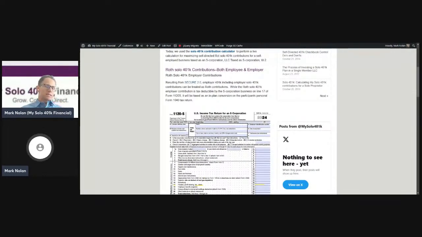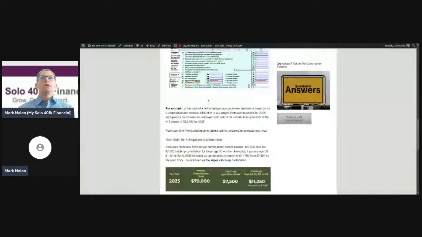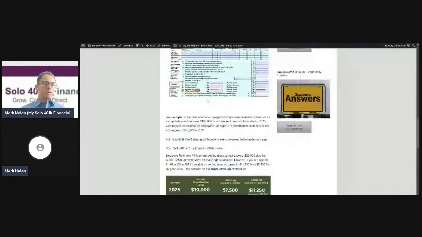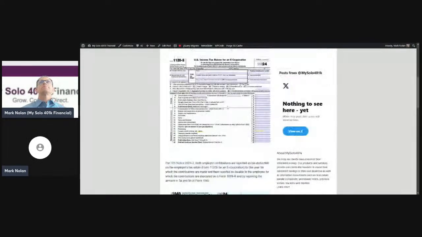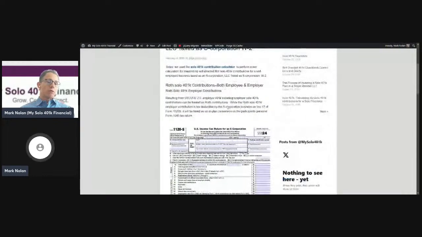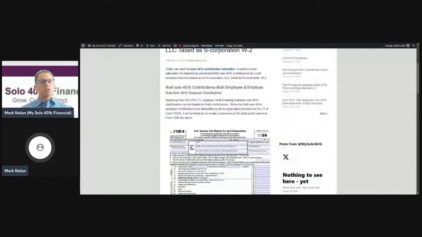What's going to happen is that you're still going to need to pay yourself W-2 wages from the S-corporation in order to make employer Roth contributions. Same is true for employee Roth solo 401k contributions. The employer Roth contribution limit for tax year 2025 is going to be 25% of your W-2 wages.